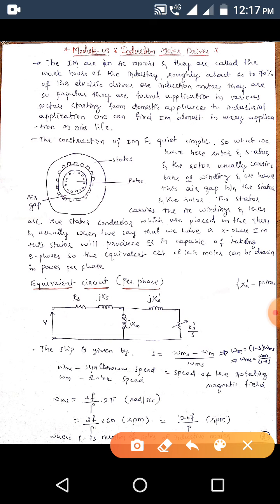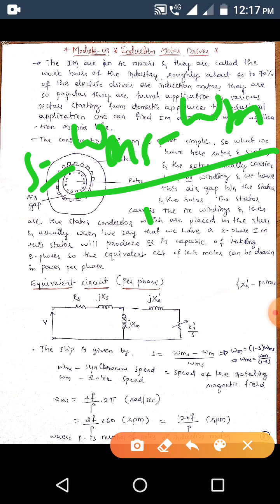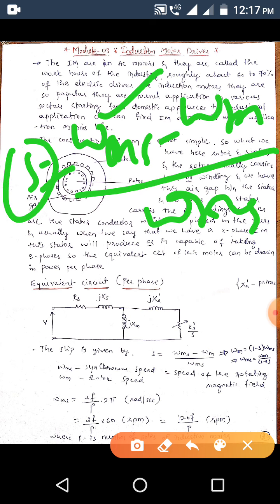We are more familiar with this equation: S is equal to omega ms minus omega m, divided by omega ms, where S is the slip of the induction motor, omega ms is the synchronous speed, and omega m is the rotor speed of the induction motor here.